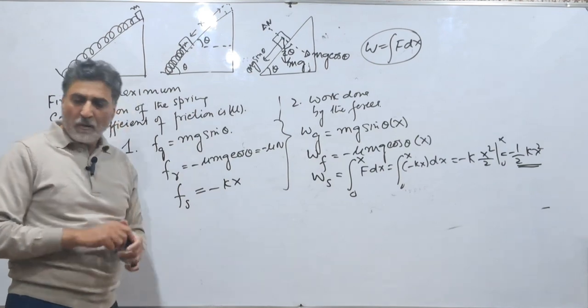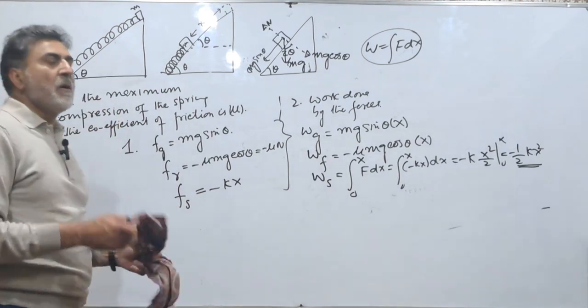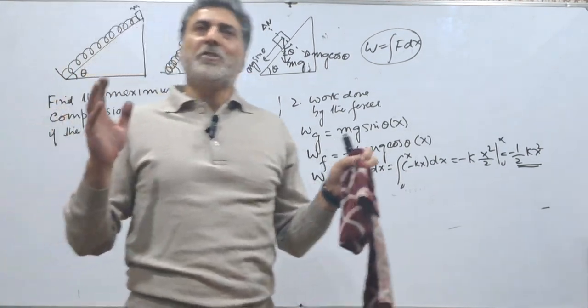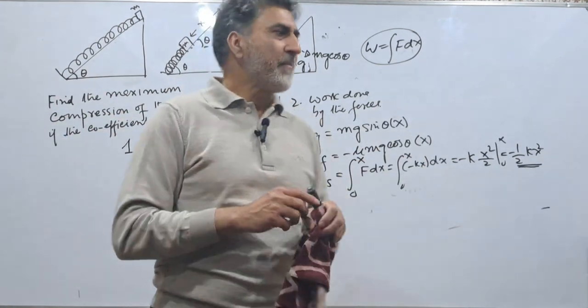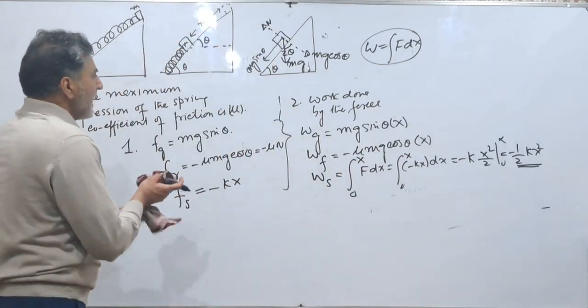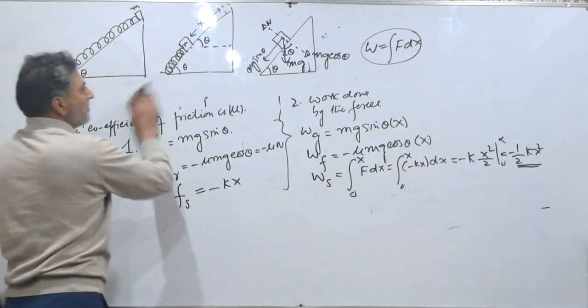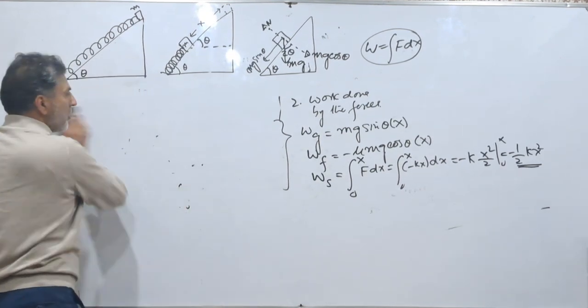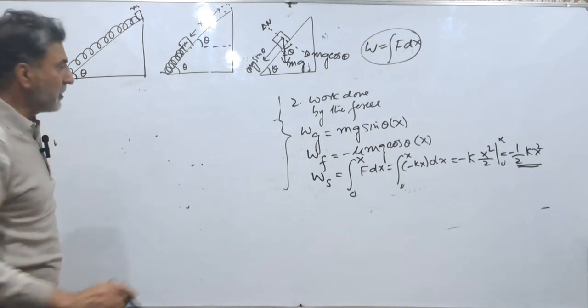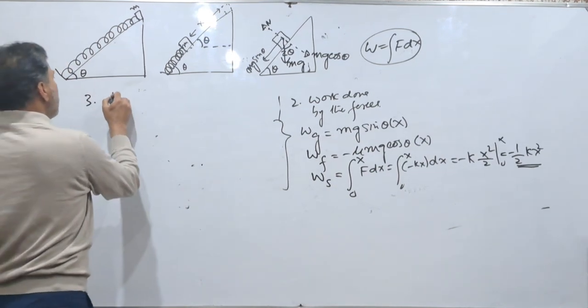Now we have to use a concept: the work done by all the forces is equal to the change in kinetic energy when the body goes from one position to another. That's called the work energy theorem. Third, the work energy theorem.